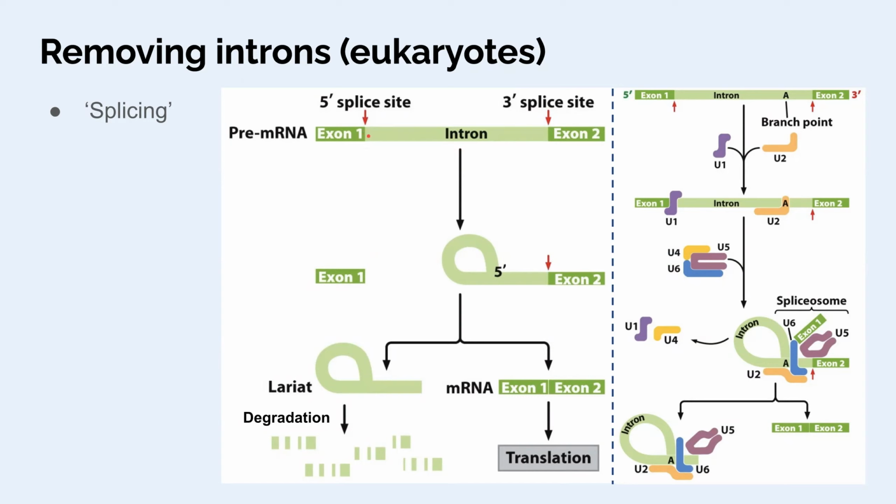So there's a particular nucleotide sequence toward the 5' end of the intron, right at the edge there, and a particular nucleotide sequence at the 3' end of the intron. And those are the signals that cause this protein complex called the spliceosome to come in there and stitch things out. So this right-hand image here, not so important that you know the fine details. There's a lot going on, is kind of the point I want to convey here.